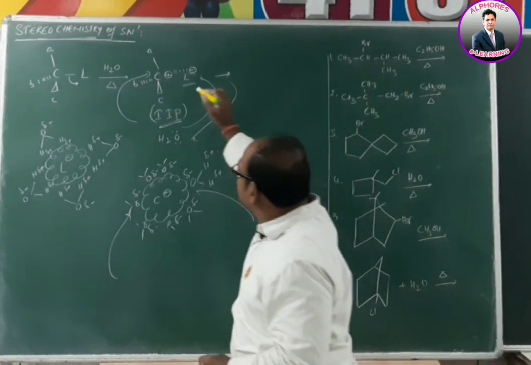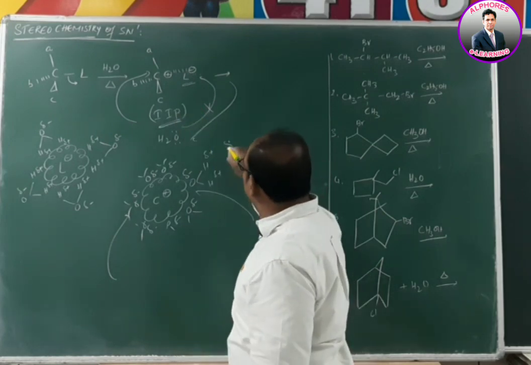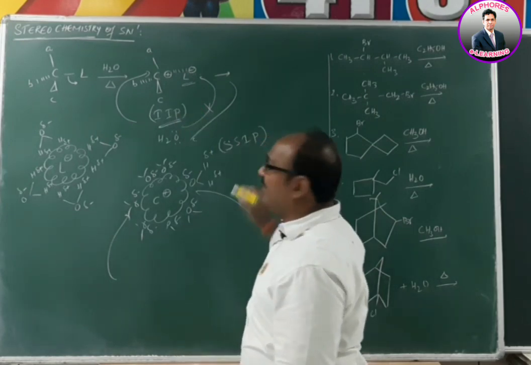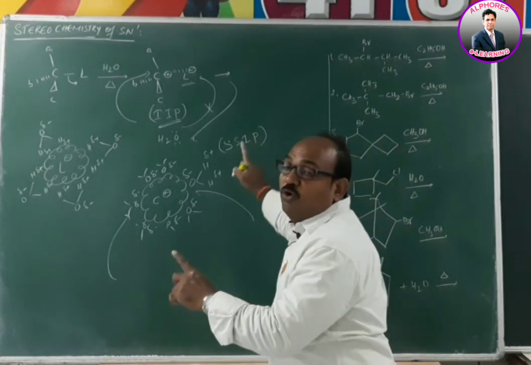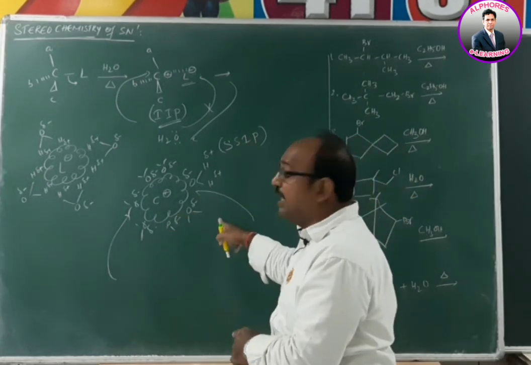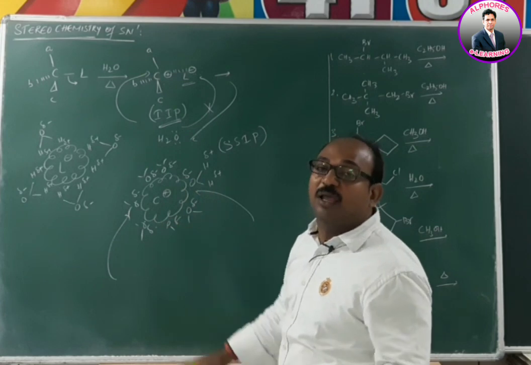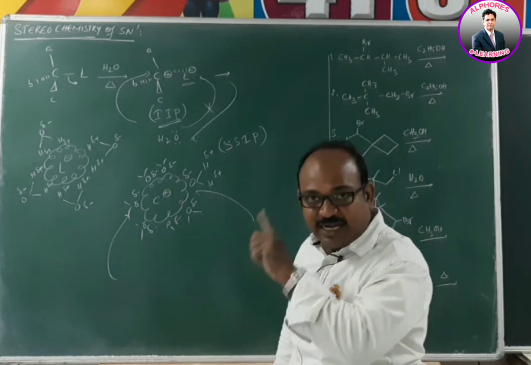Until the intimate ion pair is converted into a solvent separated ion pair, there is no access from both directions for the attacking nucleophile. It has only one way, that is rear side access.